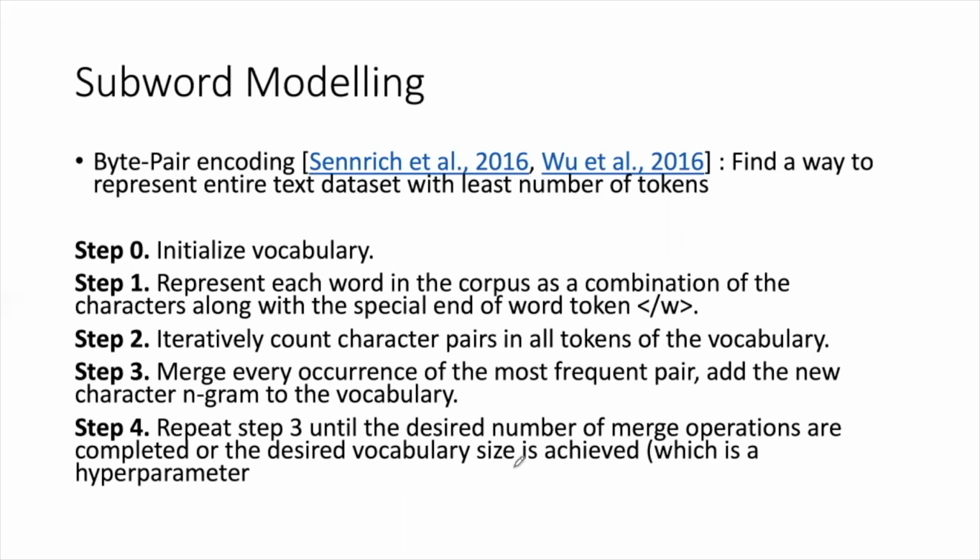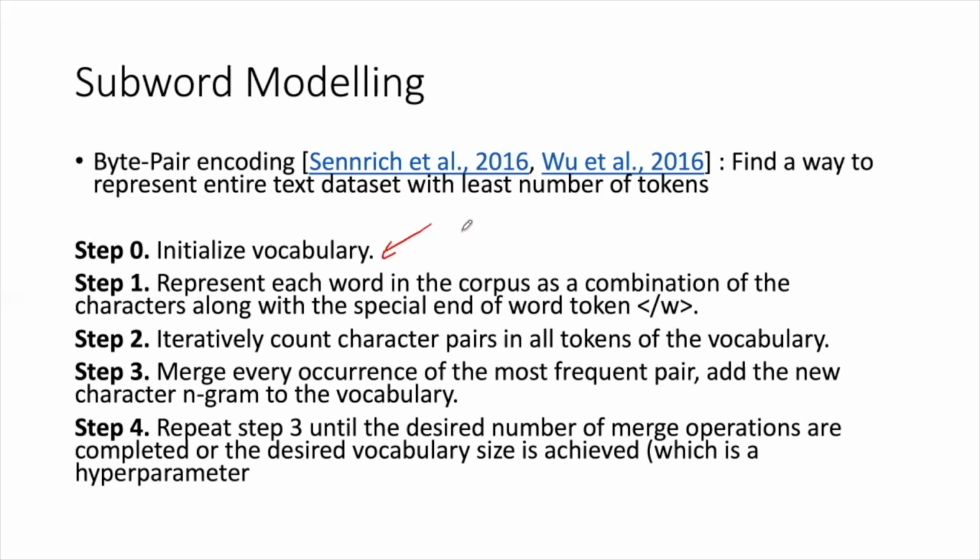Here, this is based on an information theory principle of finding the least number of tokens to represent a text data set. What we do is we initialize the vocabulary with single characters.